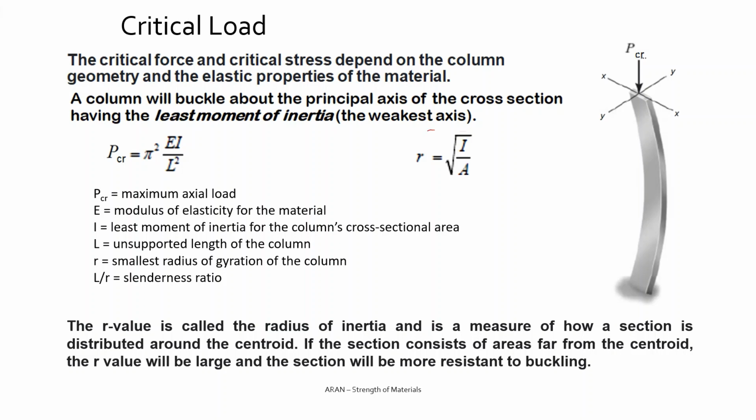The geometrical properties of a column can also be given by a slenderness ratio. Here we have an r, and r is computed from the moment of inertia of the section and the area. The r value is called the radius of gyration, and it's a measure of how a section is distributed around the centroid.